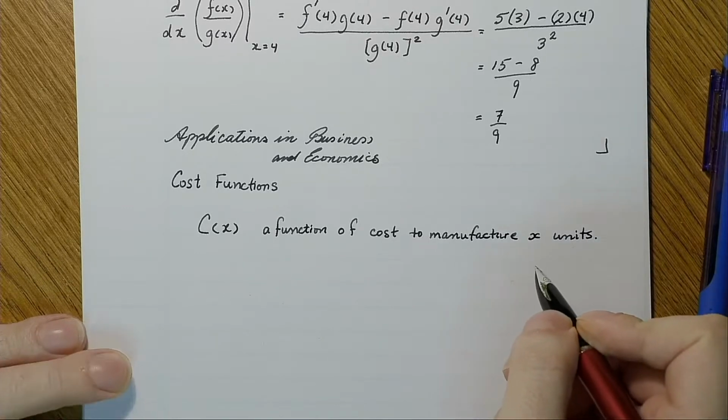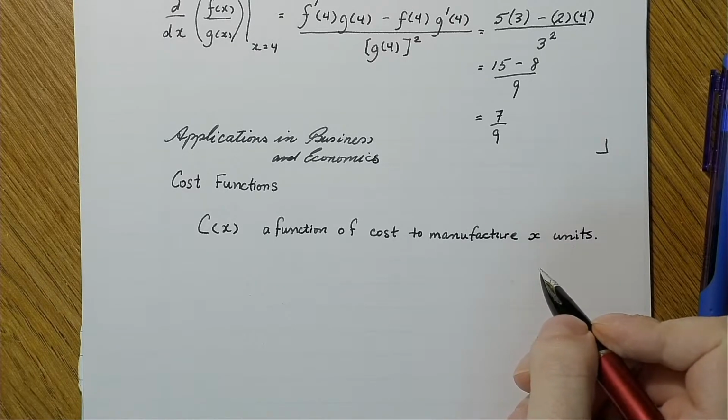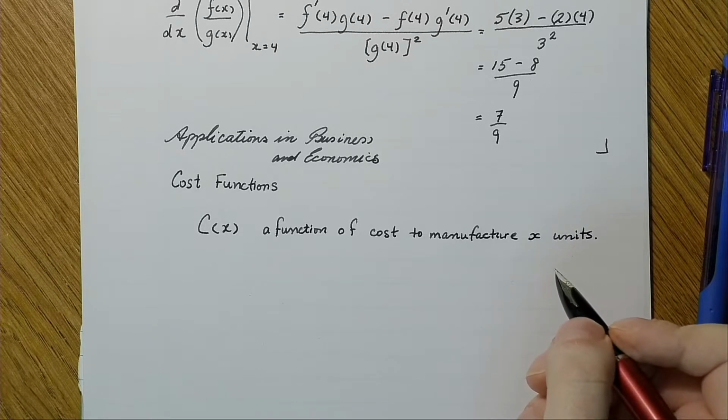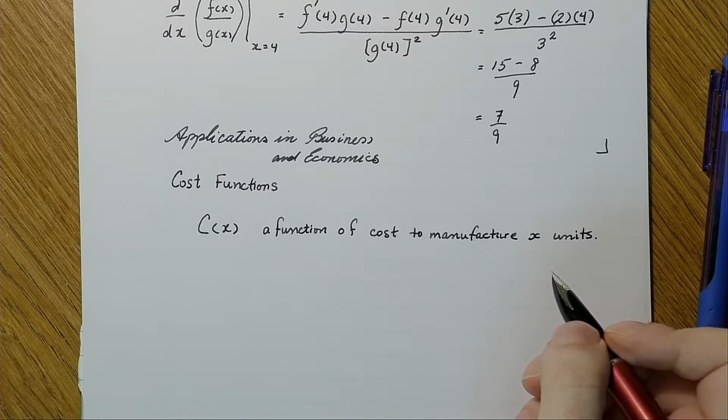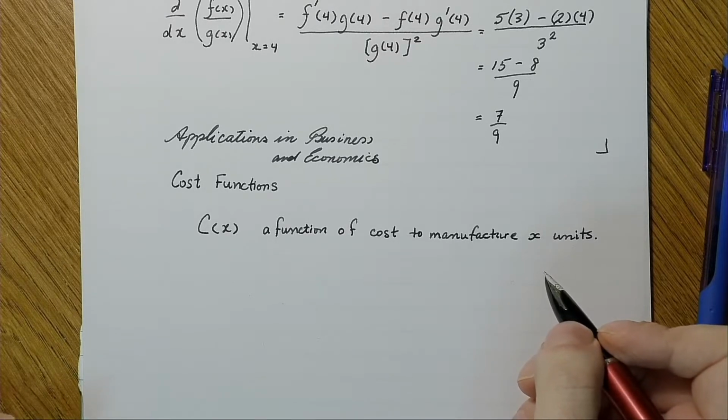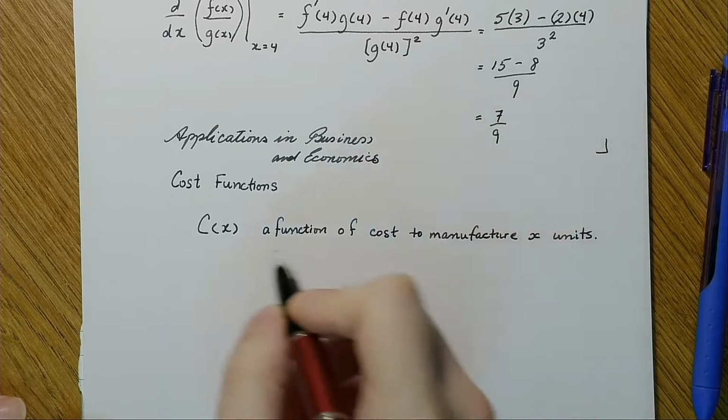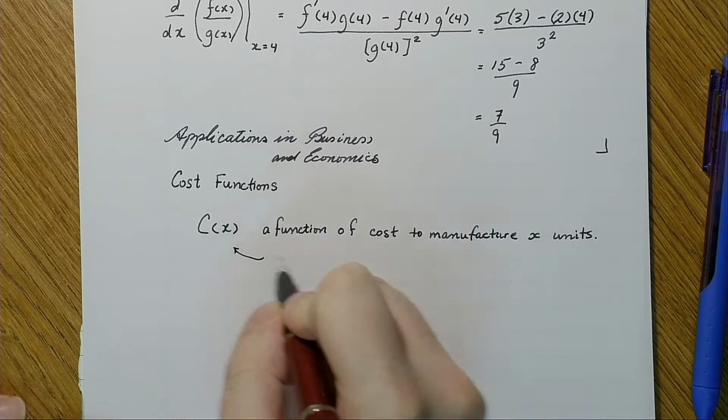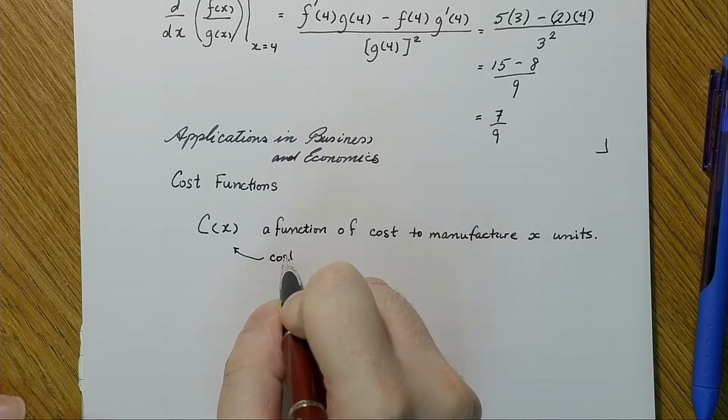So units could be kind of anything. If it goes from widgets, pens, missiles, bullets, tanks, there's a cost for manufacturing a certain product. This is called, obviously, the cost function.